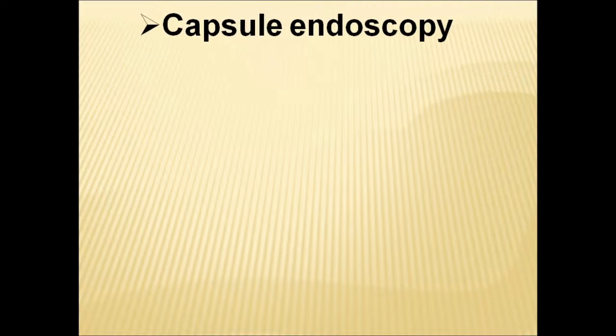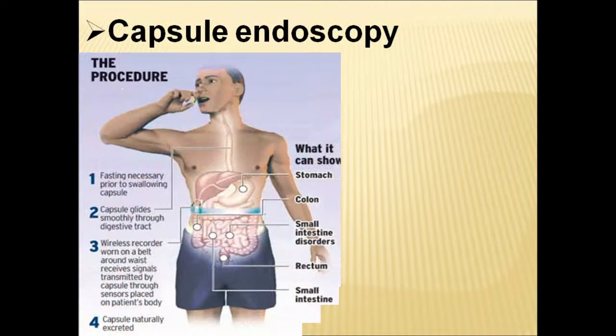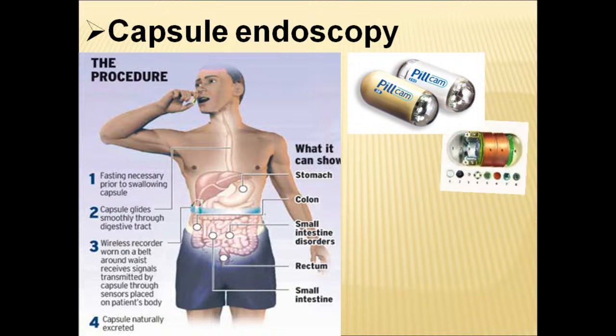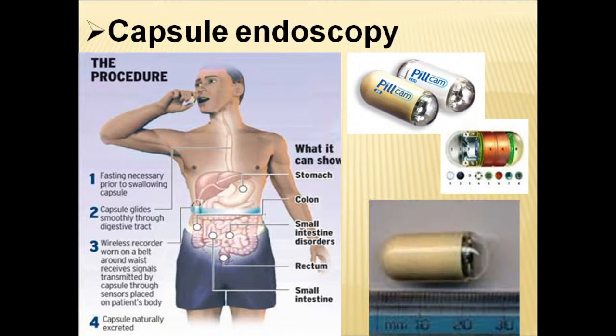More optimal is capsule endoscopy. The patient swallows a small capsule, which, while going along the intestine, takes photos, which then may be seen on a computer. There may be two types of capsule endoscopy.